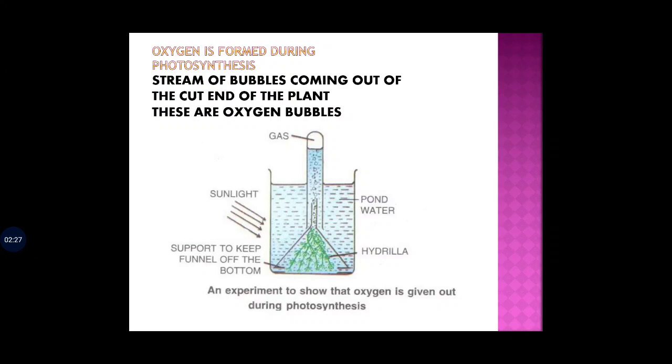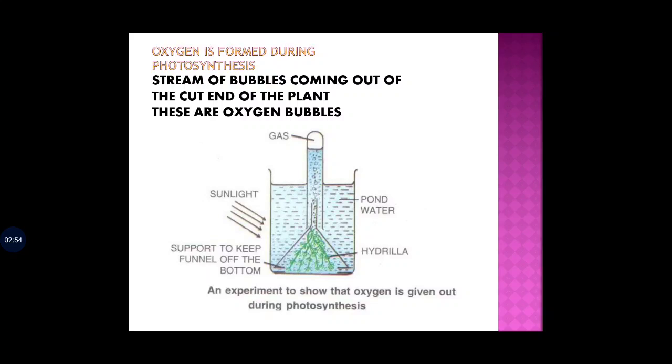As in the reaction of photosynthesis, you will see that the end products are glucose and oxygen. So that means during the process of photosynthesis, oxygen must evolve from the plant body, isn't it?